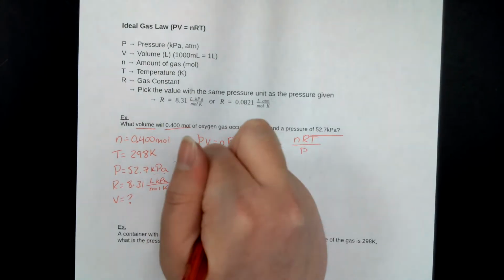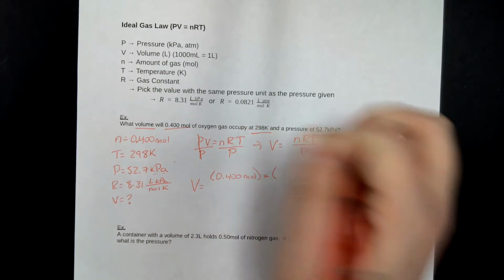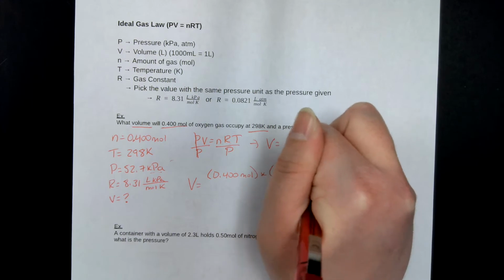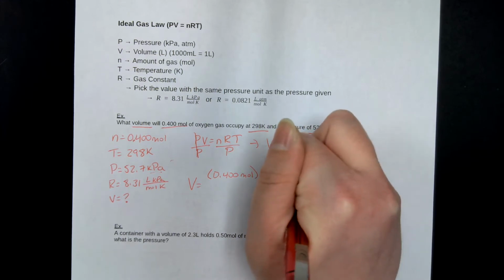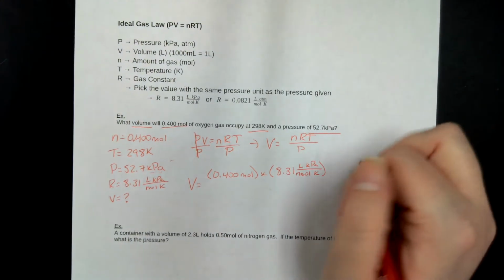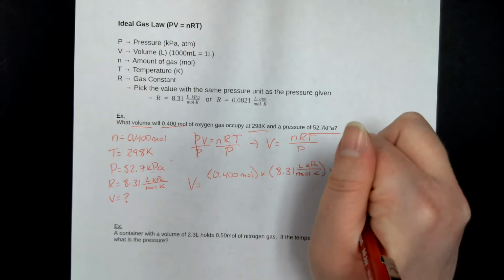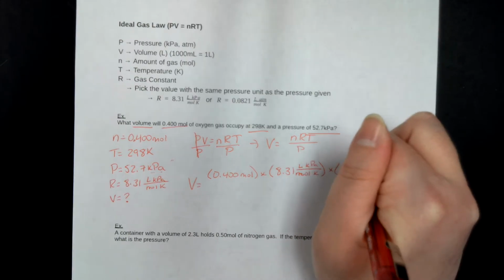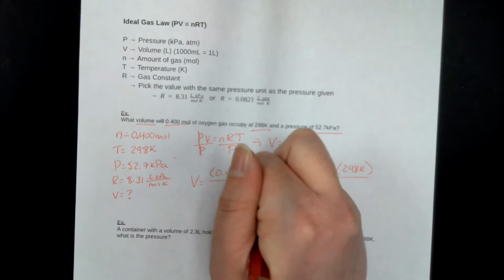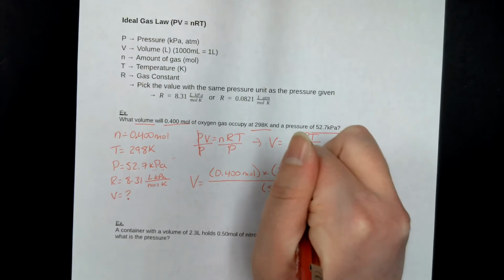N, 0.400 moles, times R, 8.31 liters kilopascals over mole Kelvin, times my temperature of 298 Kelvin. And all of that divided by the pressure, 52.7 kPa.